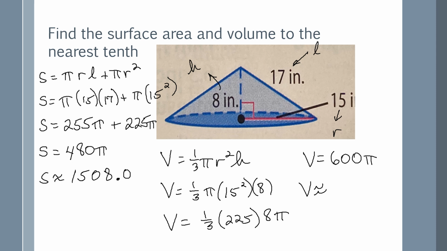And I've got 1,884.95 again. So this rounds up to 1885.0. Okay, this would show we round to the nearest tenth.